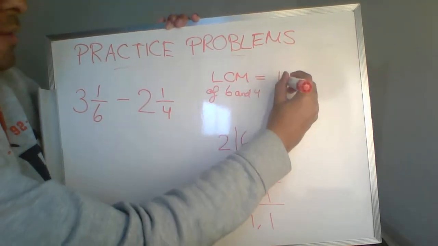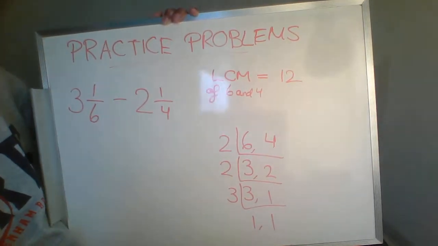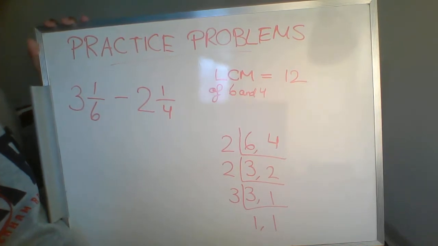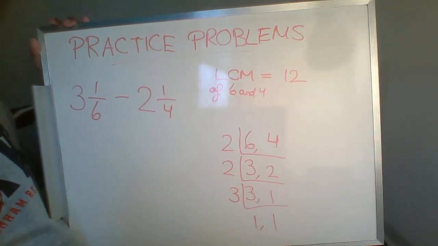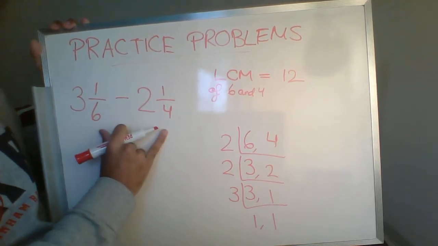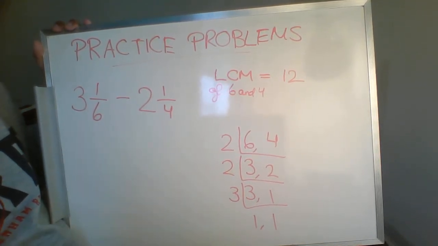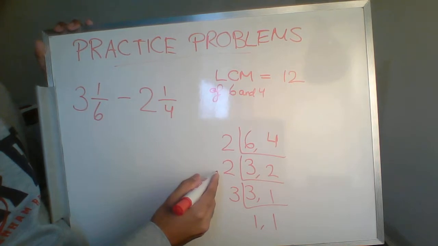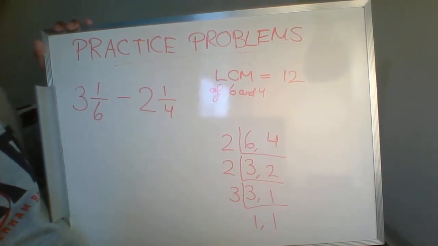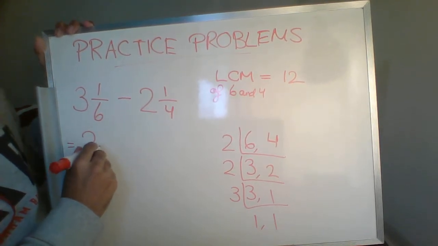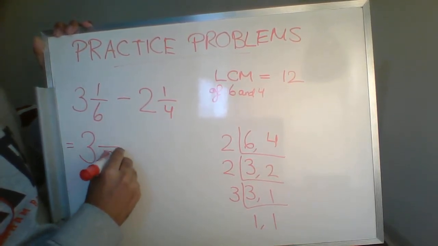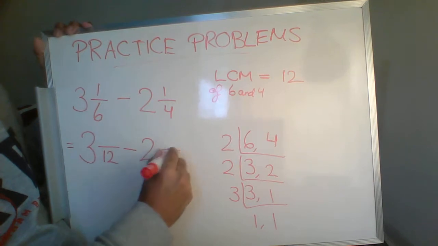And so our LCM should be 12, which maybe you figured out before, but if not, then the denominator that we want as our target is going to be 12, right? 3 times 2 is 6, times 2 is 12. So that means I can rewrite this line, and it's going to be 3 and something over 12 minus 2 and something over 12.